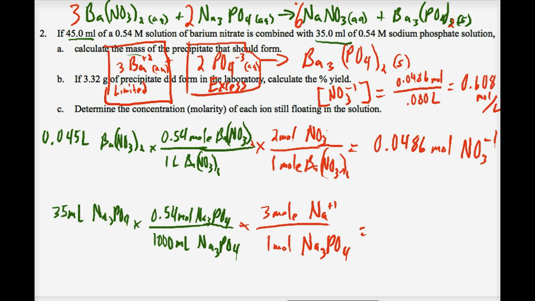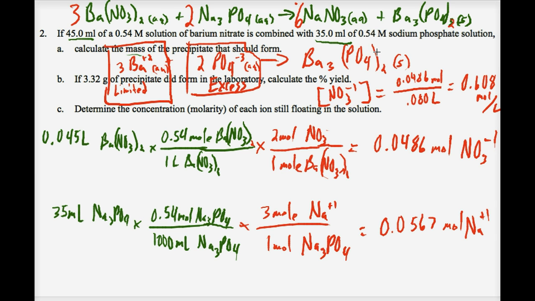All right, so 0.035 times 3 times 0.54, skipped a step, is 0.0567 mole of Na+. So this is the moles of sodium. Again, we can use our starting values because there is no product.